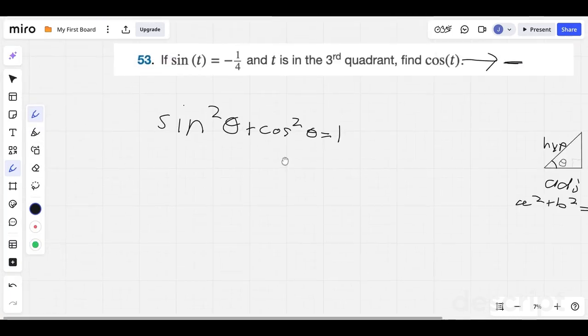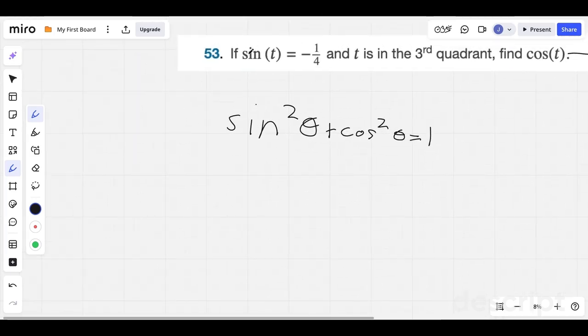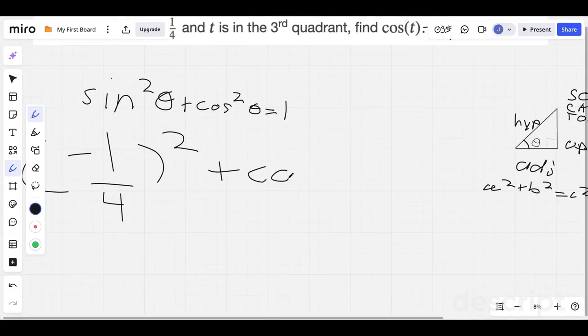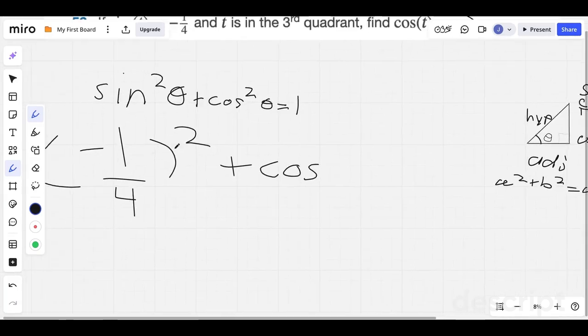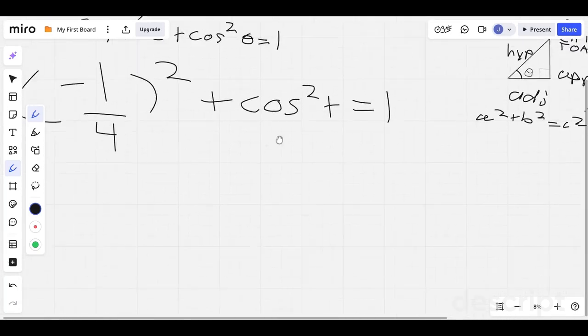So now that we have identified this Pythagorean identity over here, let's input the value sine of angle t is equal to negative 1 over 4. So we're going to do negative 1 over 4 squared. Excuse my awful handwriting with this mouse. Negative 1 over 4 squared plus cosine squared of t is equal to 1.